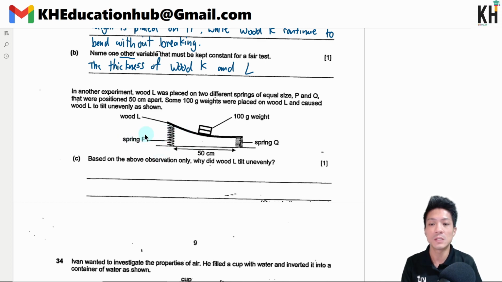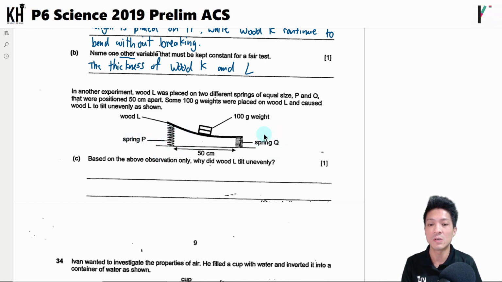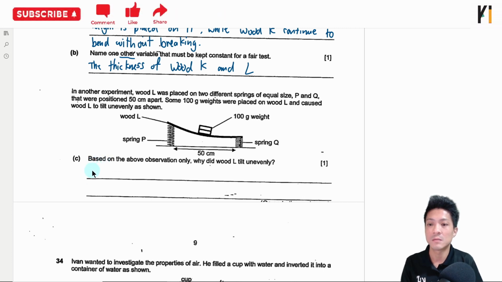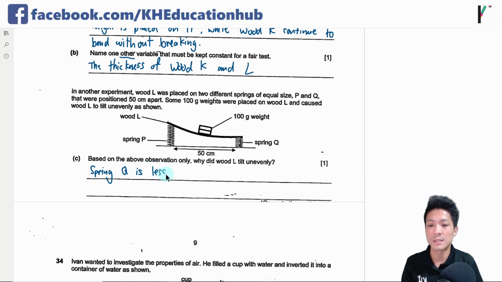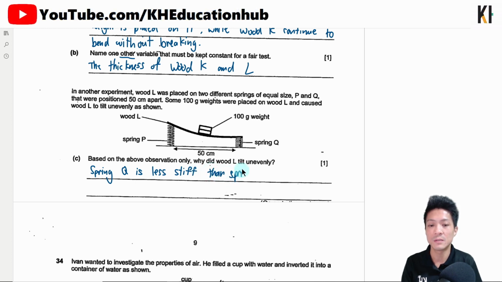Spring P probably is more stiff than spring Q, which explains why they are compressed in an uneven way. So we can say that spring Q is less stiff than spring P.